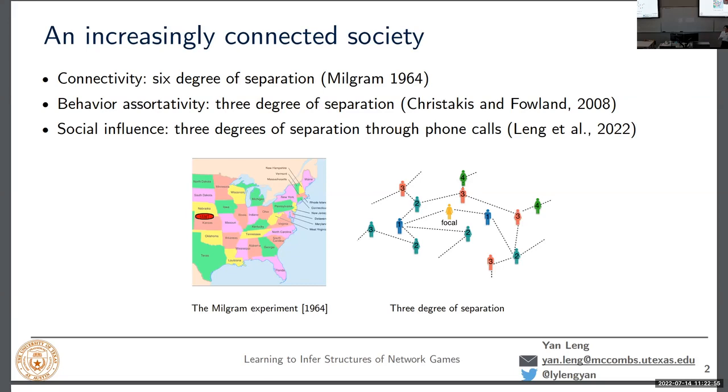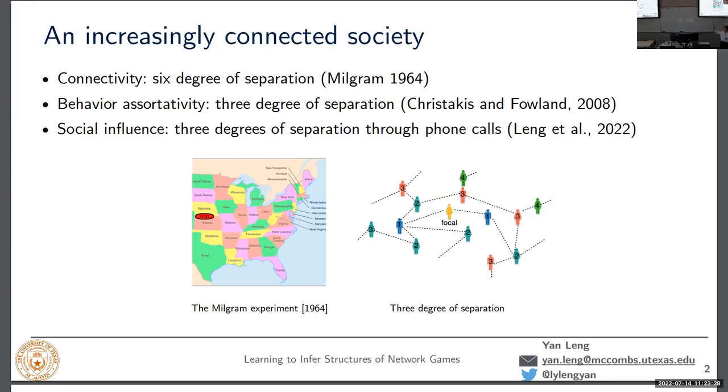Future studies are more interested in studying how one would influence the decision-making of another. Nicholas Christakis and James Fowler did a series of very influential studies in the early 2000s, and they found that habits such as those leading to obesity or smoking, or even happiness, could spread up to 3 degrees of separation in terms of influence. But there has been a lot of criticism after their study of their causal identification.